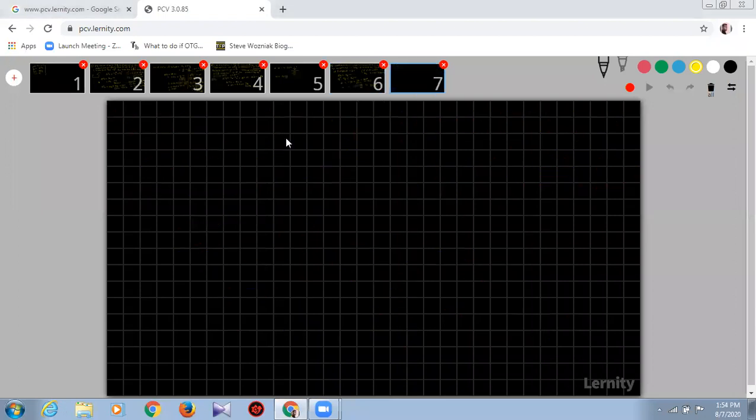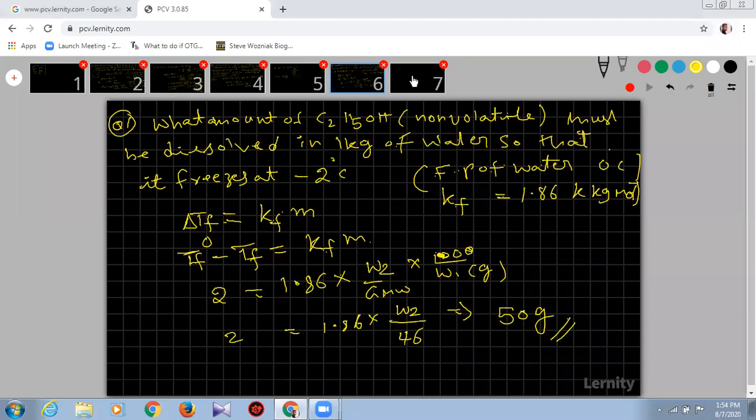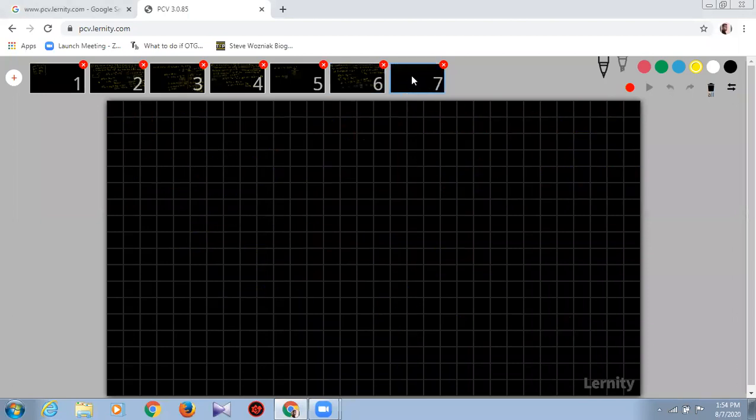Take next problem. 50 centimeter cube of ethylene glycol dissolved in 50 gram of water.